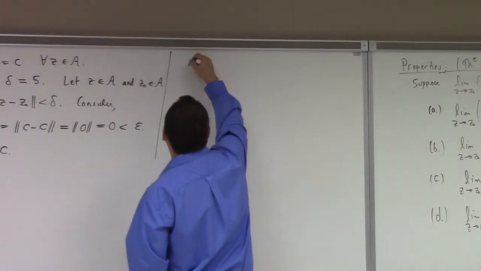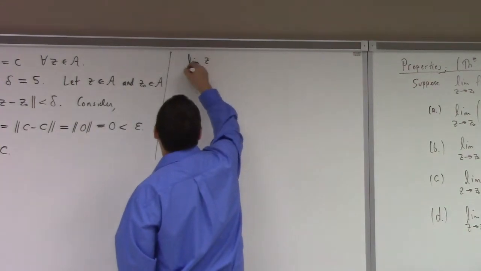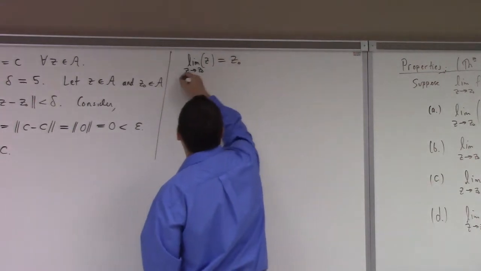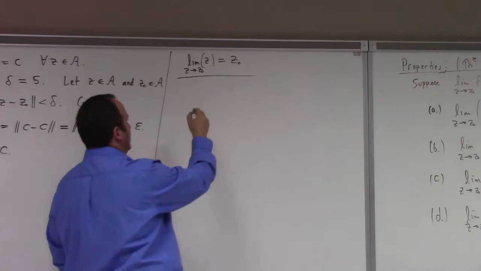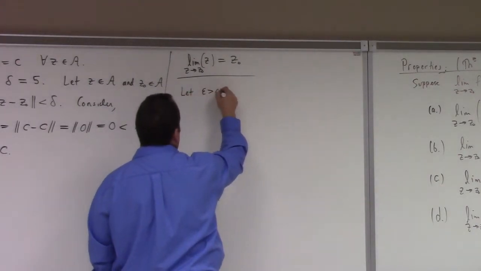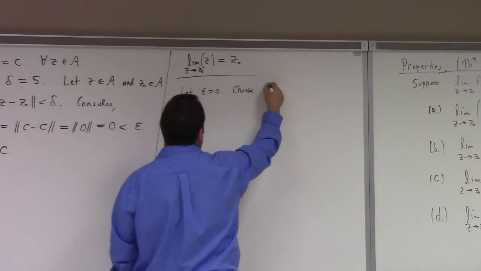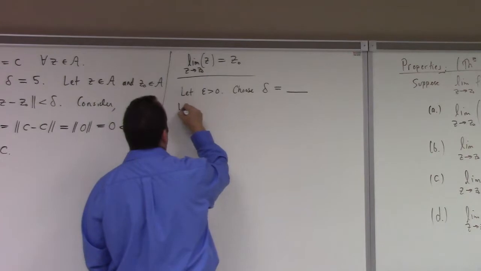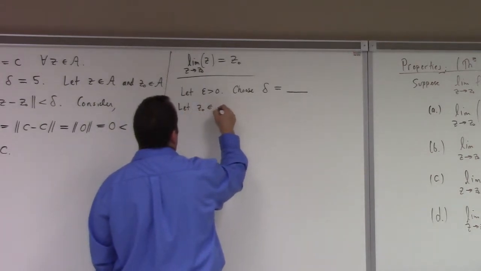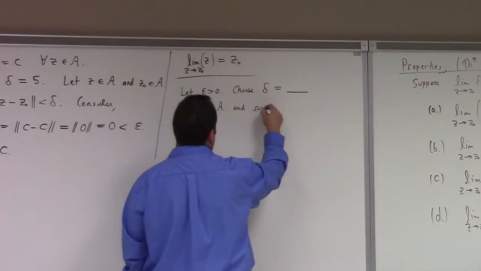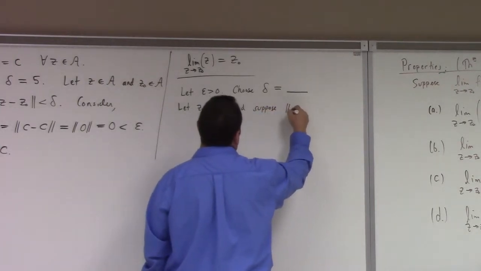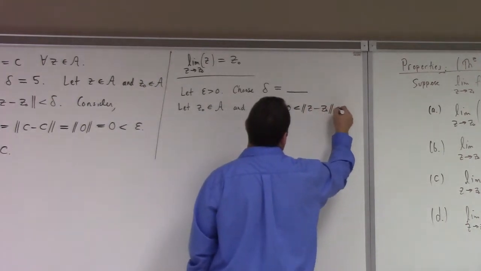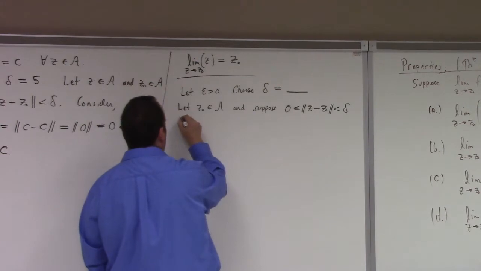How about the limit? I'd like to prove that the limit as z goes to z naught of z is equal to z naught, right? So let epsilon be greater than 0. Choose delta equal to, let's fill in the blank. Let z naught be in the algebra, and suppose that 0 is less than the norm of z minus z naught is less than delta for some z.